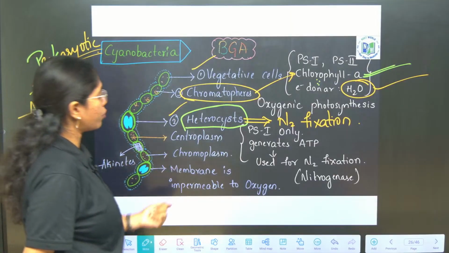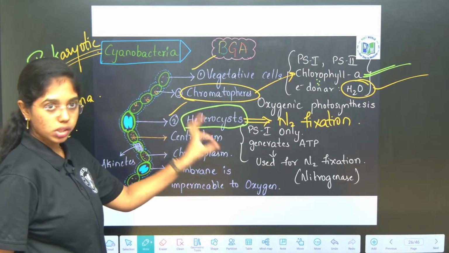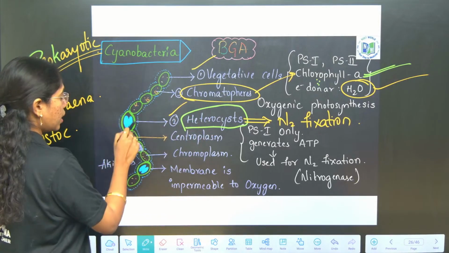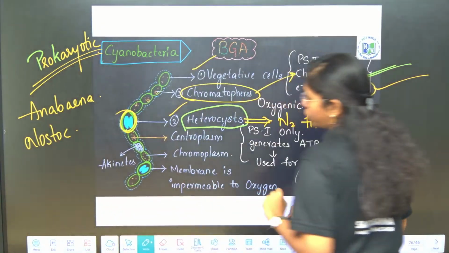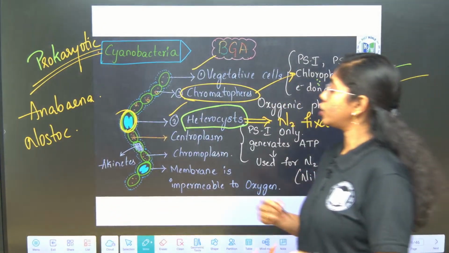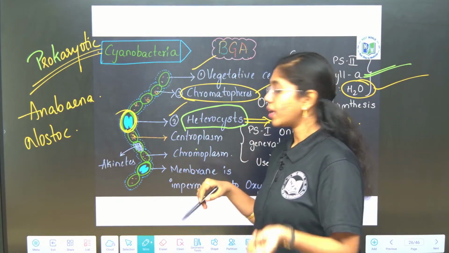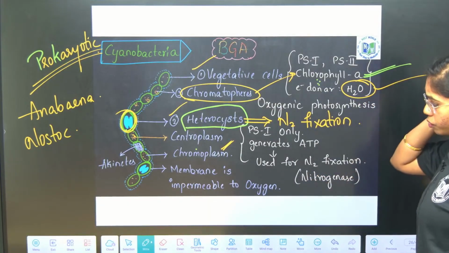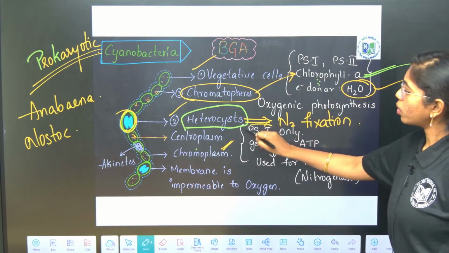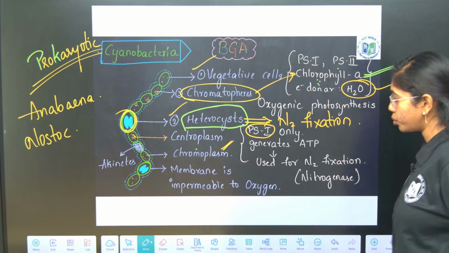Chromatophores possess the pigment chlorophyll A, and the electron donor is water, so it is conducting oxygenic photosynthesis. Next, the heterocyst has a thick, tough cell wall, and it is for nitrogen fixation. The cytoplasm is distinguished into a central colorless centroplasm and a peripheral colored chromoplasm. In the heterocyst, only photosystem 1 is present, whereas in the vegetative cell both PS1 and PS2 are present.